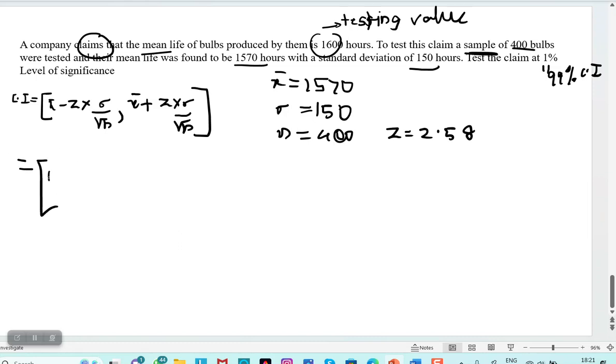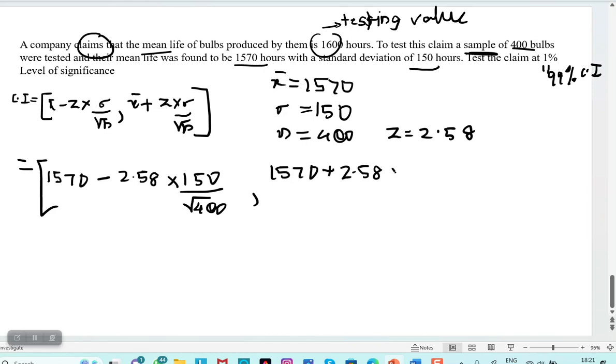So we now do 1570 minus 2.58 into 150 upon root 400, and 1570 plus 2.58 into 150 upon root 400.